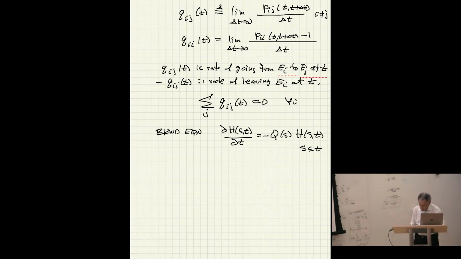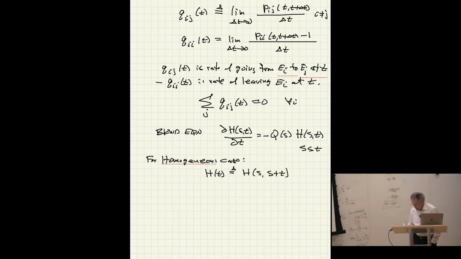Now for the homogeneous case, we just did this for non-homogeneous continuous time. We get the following. That h of t, not s and t, but t, is defined to be h of s and s plus t.